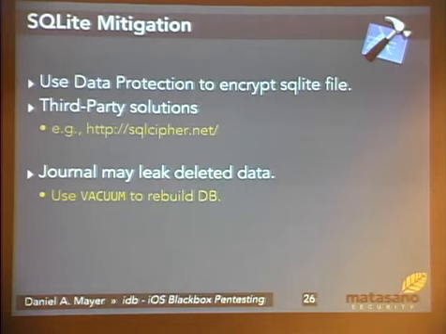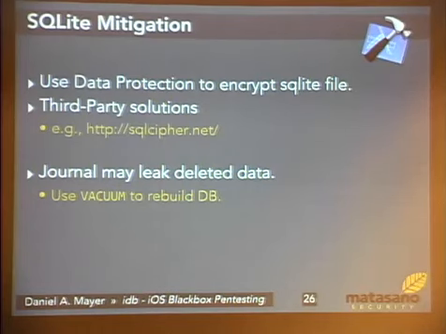There are also third-party solutions like SQLCipher, which work differently: if you have a big database you would otherwise always need to decrypt the entire file, but they encrypt on a page level. They use sane ciphers, but I haven't looked at the actual thing, so it's not a recommendation or anything like that. Also, if you delete data from a SQLite database, it's probably still going to be in the journal, so you might want to vacuum the database to make sure it's actually gone.